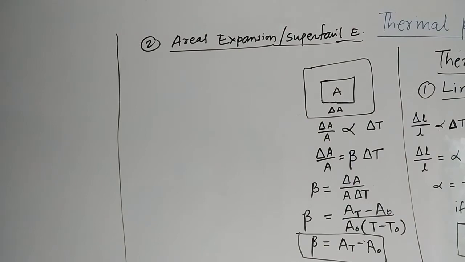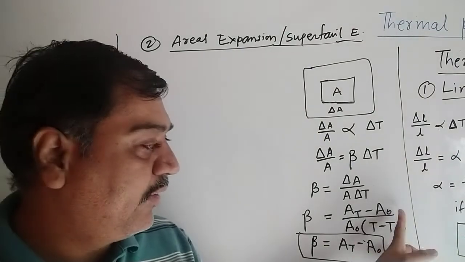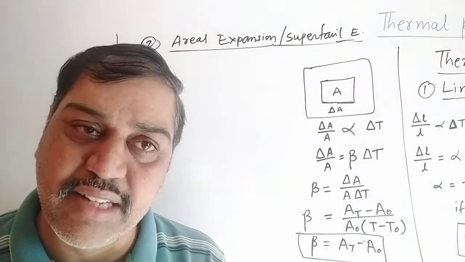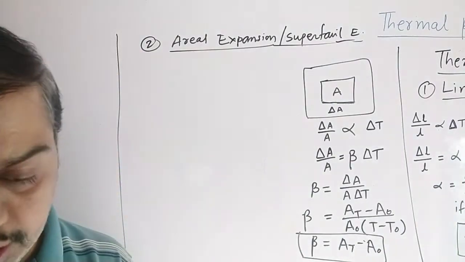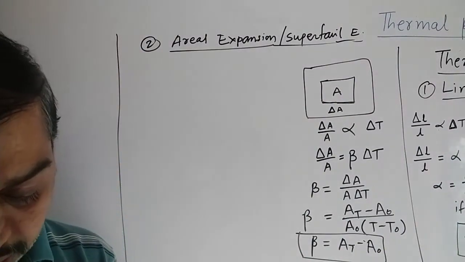Now, as we started here, T_0 and A_0 are the temperature and area at 0 degrees Celsius. But at room temperature, the area may be other than that at 0.